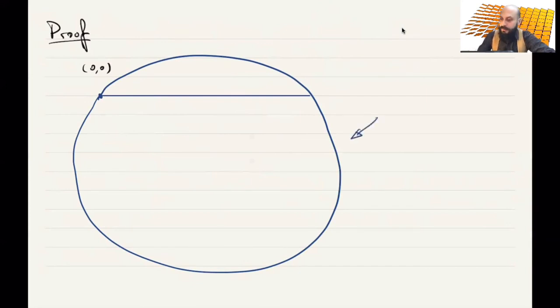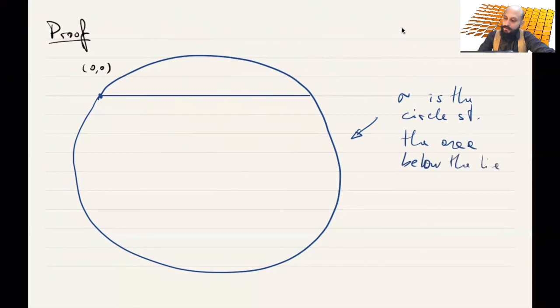So let's say sigma is the circle such that the area below the line is Z1. Okay, so this area equals Z1. So only this part here.